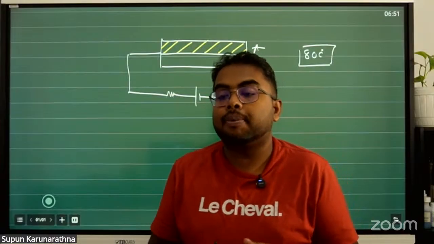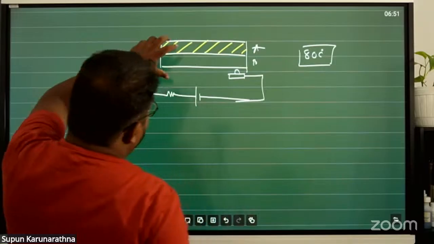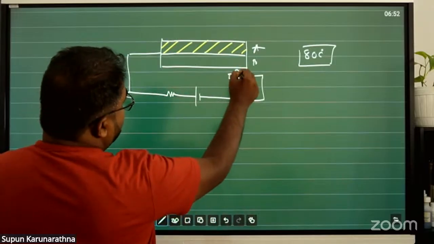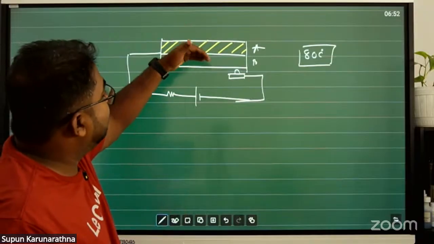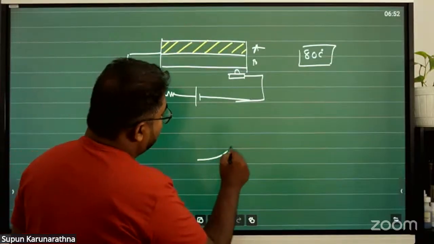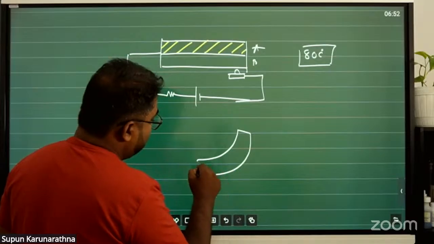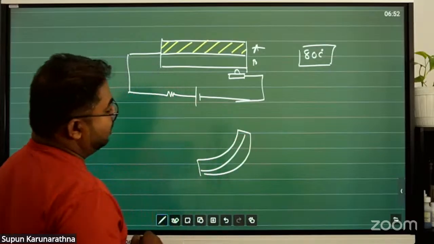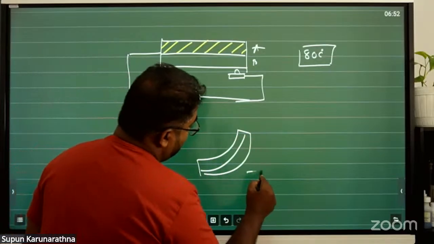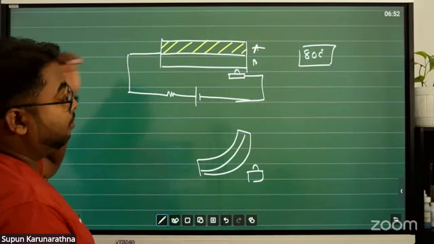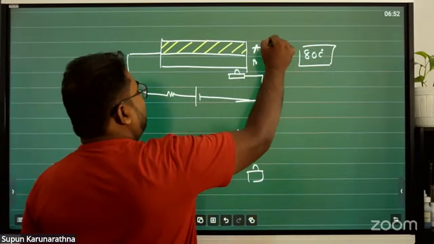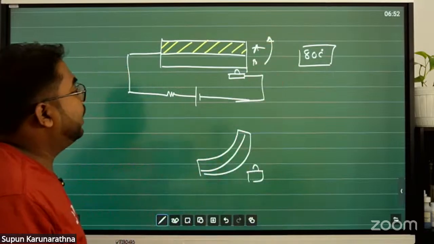So how does that happen? The iron also has a bimetallic strip, and you can see where the circuit is connected. When heated, the metallic strip curves outward, and it gets disconnected from the switch. Why?